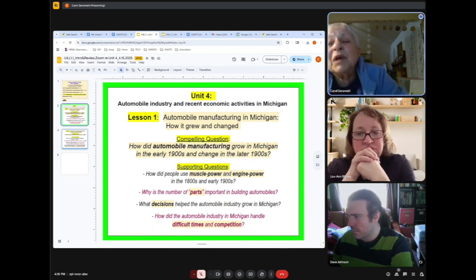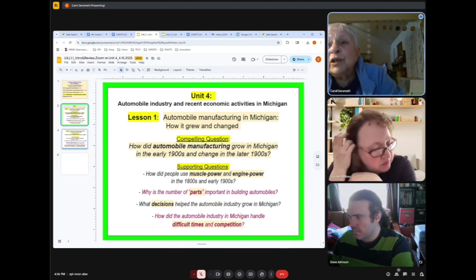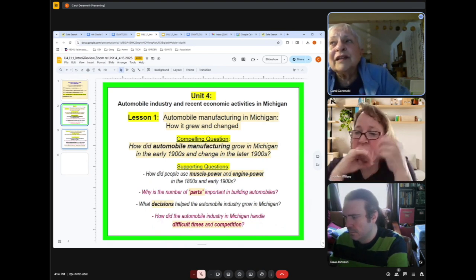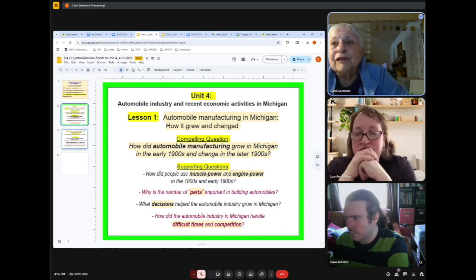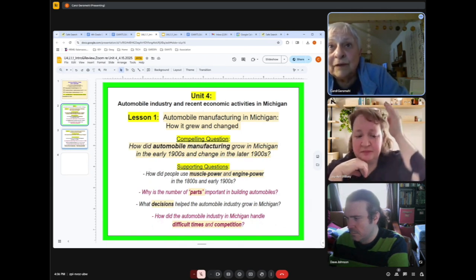Somehow they have to get put together. One thing that we will focus on is people making decisions that help the automobile industry to grow. But then in the last supporting question, you see that, like everything in life, there are going to be difficult times, and especially in the automobile industry, there's going to be competition.